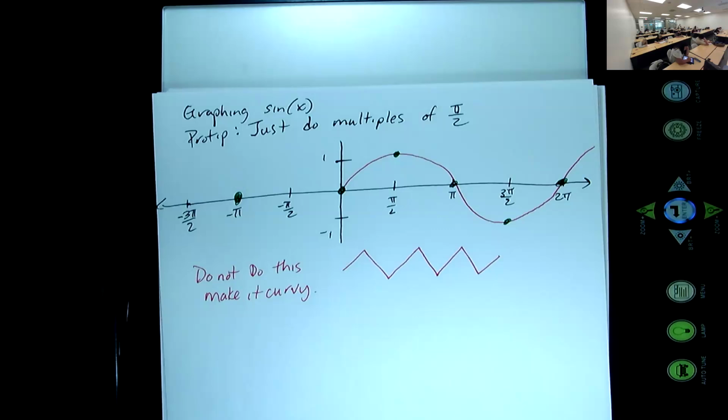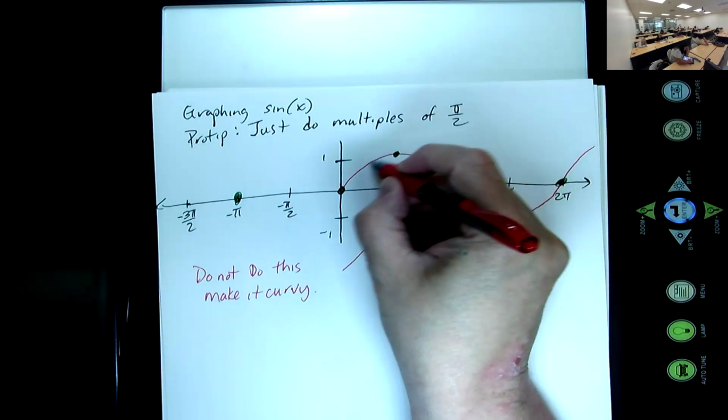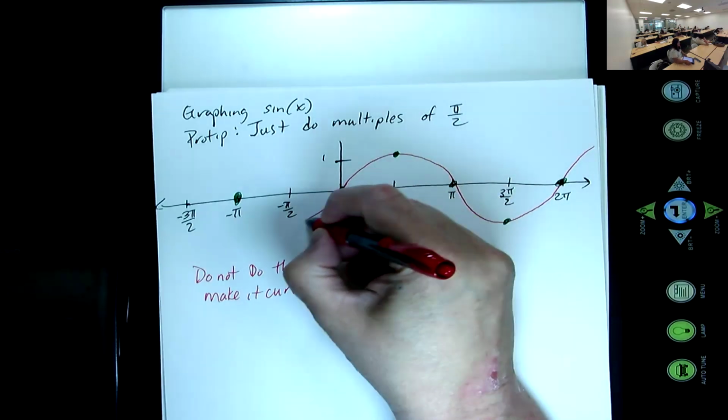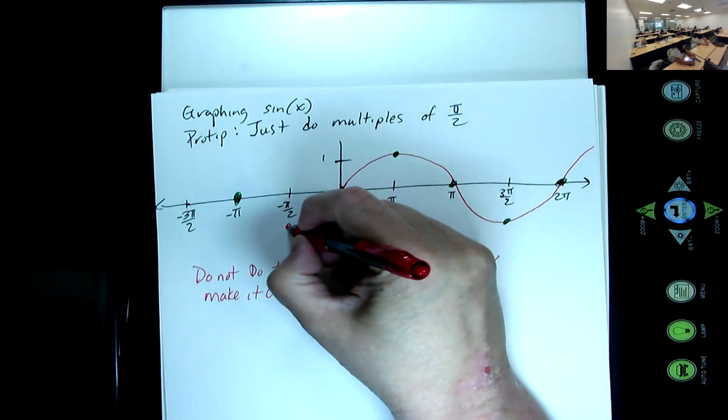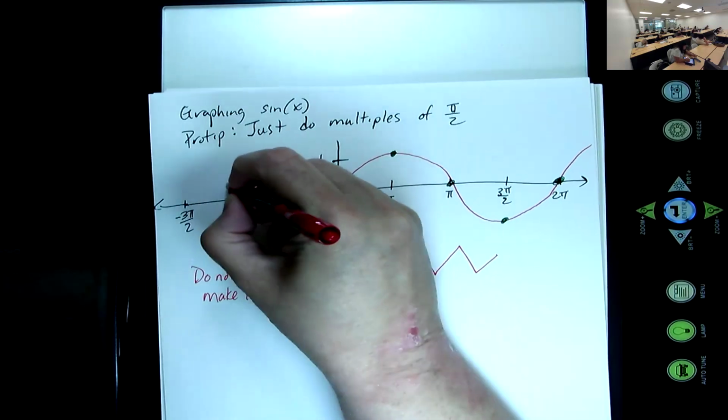And once you graph 0 to 2 pi, you can work backwards just following the curve the other direction. This should go down, goes like that, back up, up to 1.